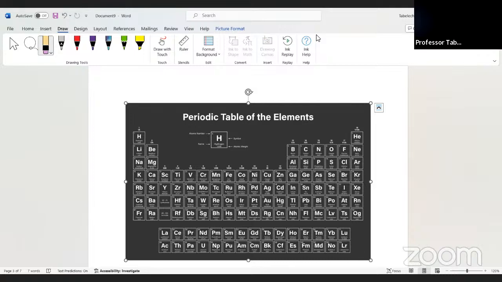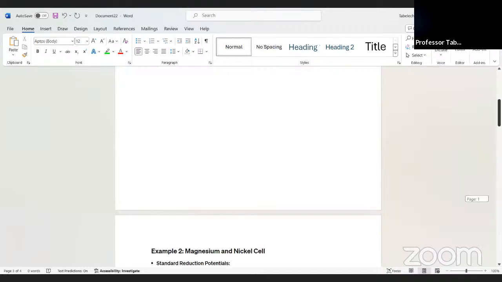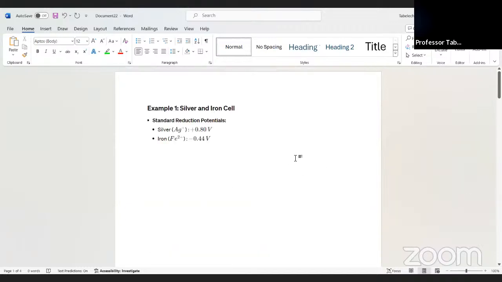So I'm going to share this next example. Oh, it disappeared. Let me go back and get the other periodic table, because it went away. Let's see if I can grab that again.